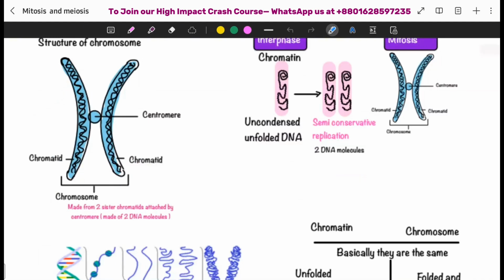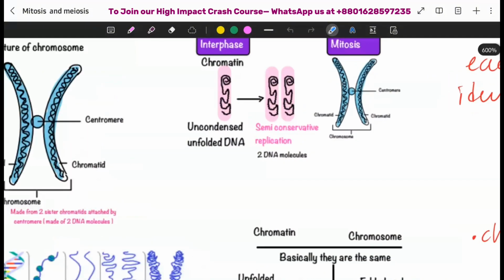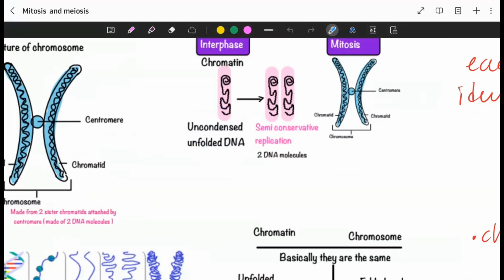You know this. So interphase, chromatin: the uncondensed, unfolded DNA. It will replicate, semi-conservative replication will occur, and two DNA molecules will be produced.